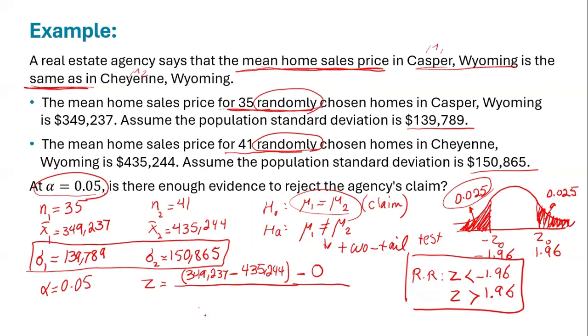And then at the bottom of the fraction, we have sigma 1 squared divided by n1, plus sigma 2 squared, under the square root, sigma 2 squared, which is 150,865 squared, divided by n2.